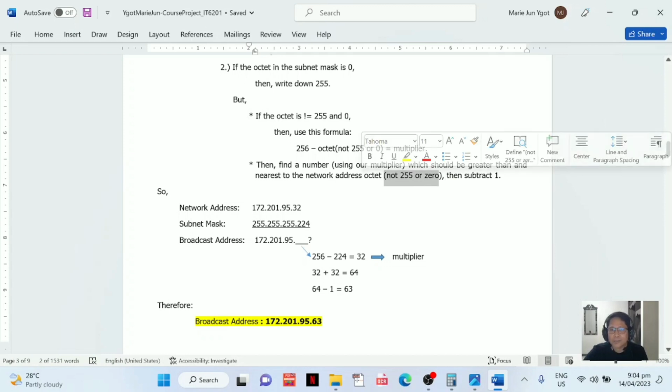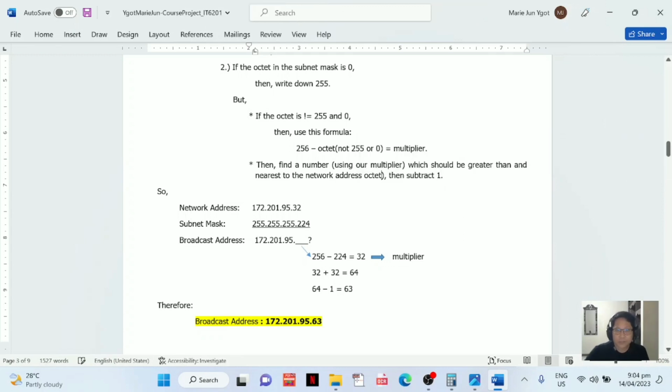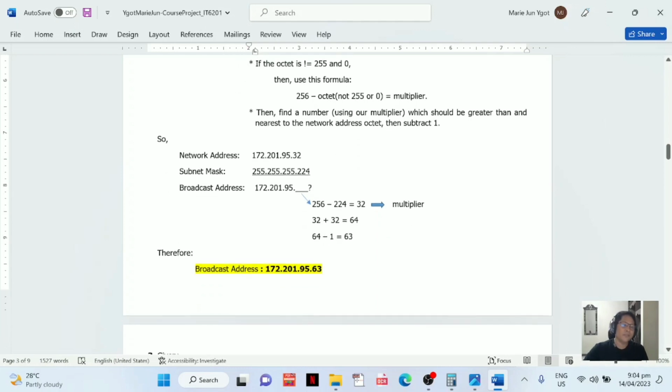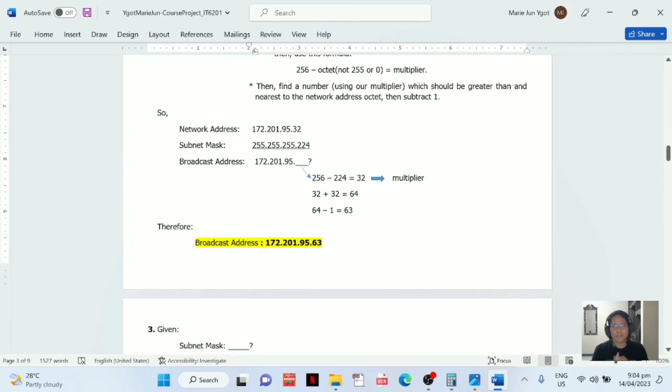This is about the subnet, so let me delete this first. So again, we find a number using our multiplier, which should be greater than and nearest to the network address octet. Then subtract 1.